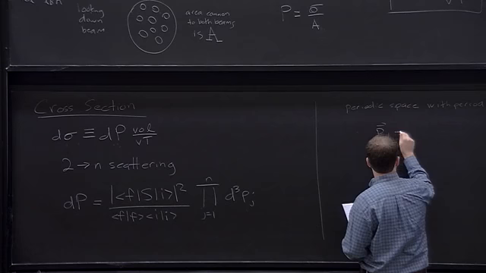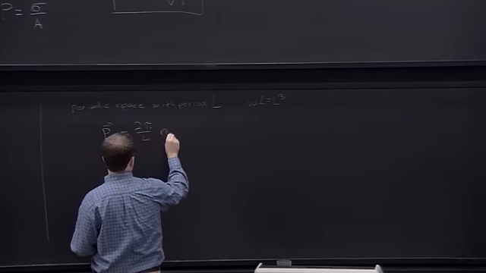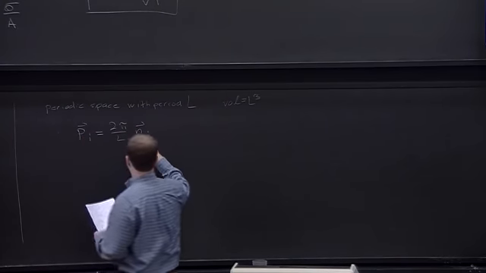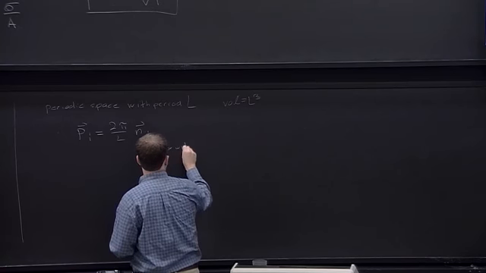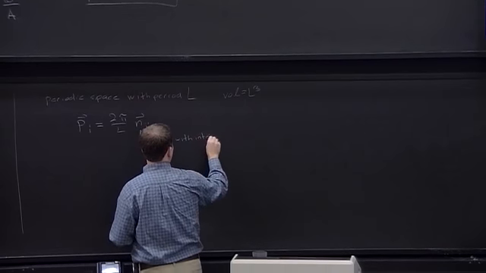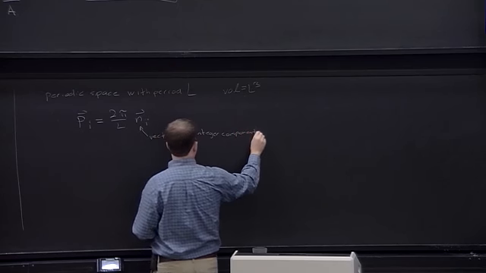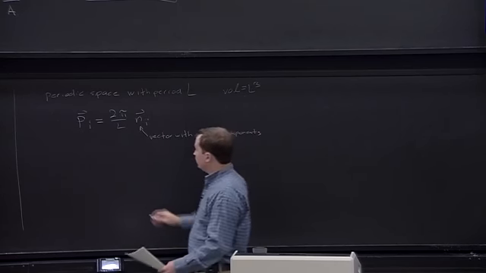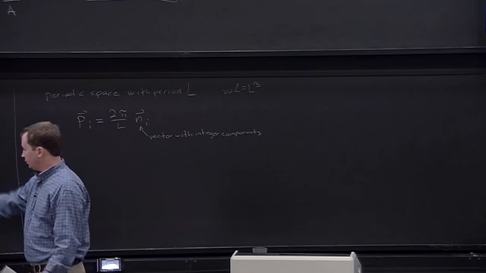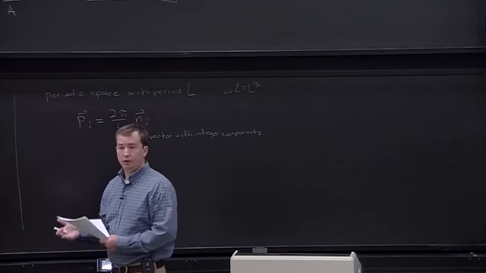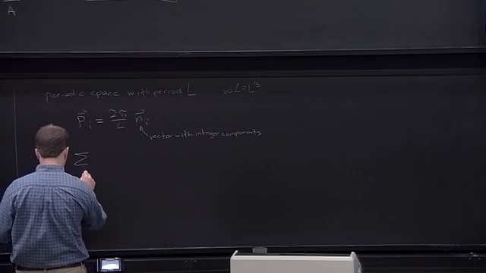So the momenta will be 2 pi over L times some vector with integer components. And so in this periodic space, instead of integrating over the final momenta, we would sum over the final momenta. They'd be discrete. So we'd sum over nj.